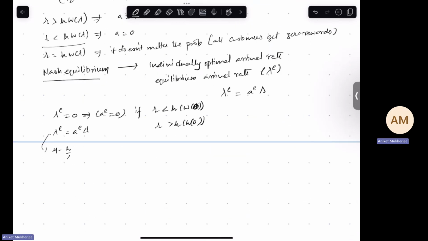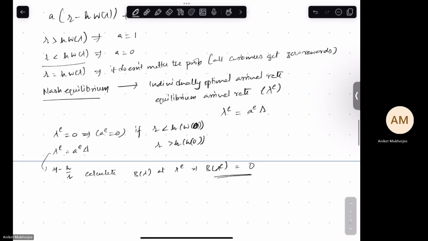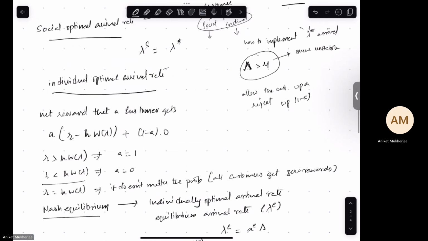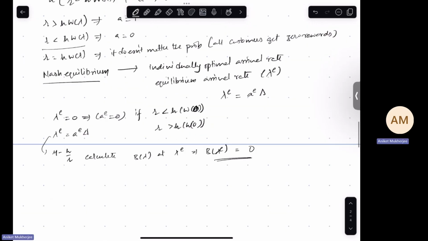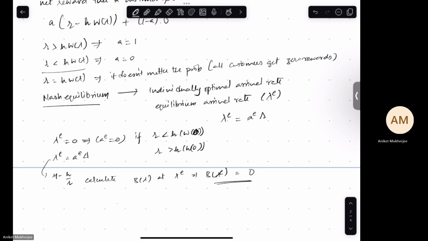And if you calculate b lambda at lambda e, you'll get this also as equal to 0, because you have r minus h by (mu minus lambda e), which is r minus h by (mu minus mu plus h by r), which is 0.